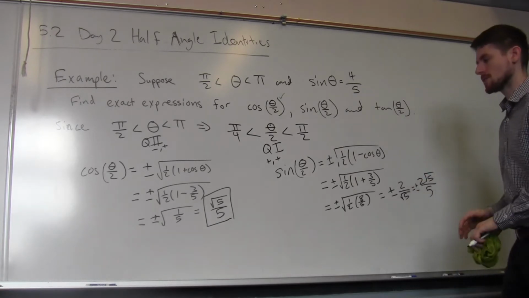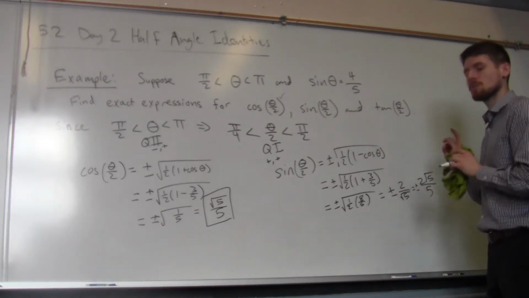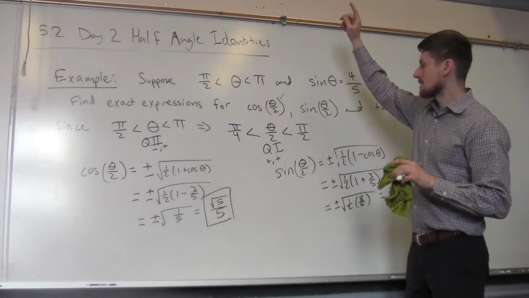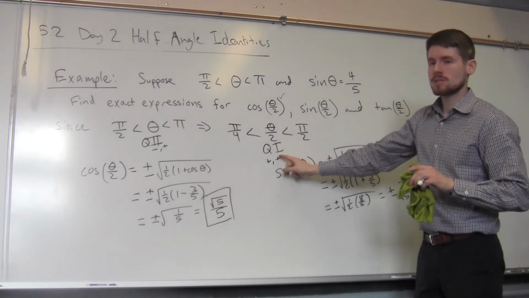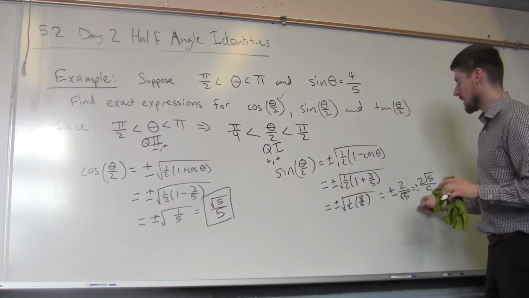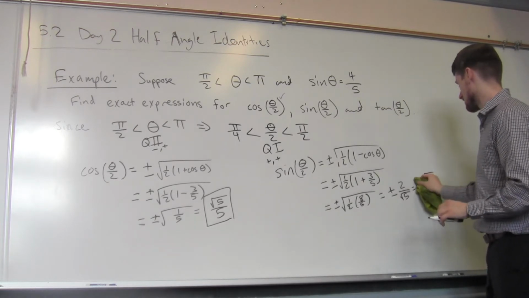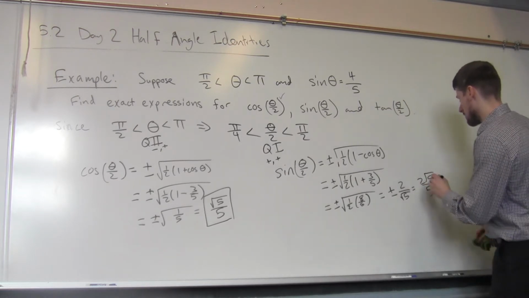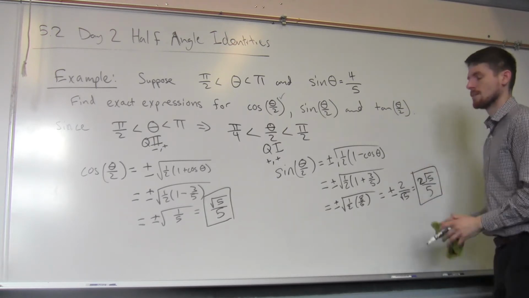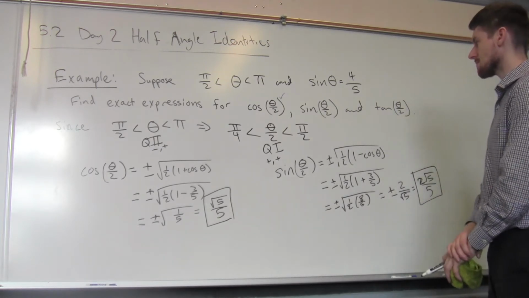Now we come to the question: do we take the plus root or the minus root? Since theta over 2 is in quadrant 1, where both cosine and sine are positive, my answer is the positive root. So I can throw the negative root away and just take the positive answer. That's sine of theta over 2.